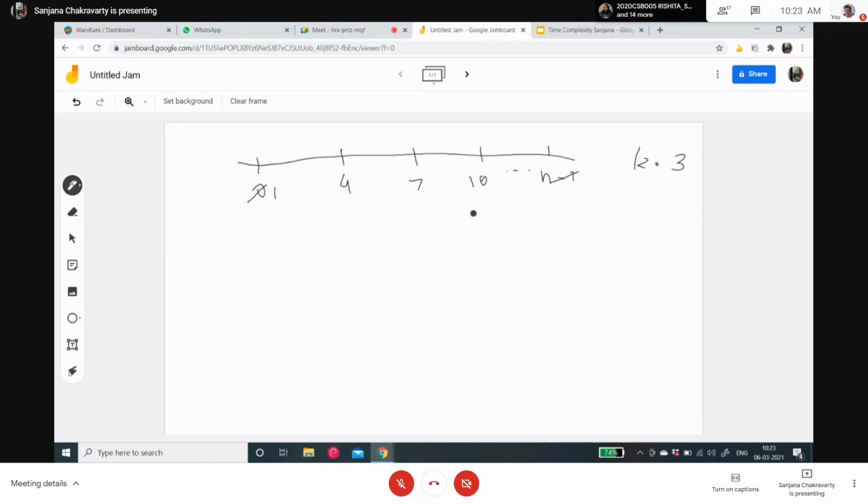So how many times are you actually running the loop? It's the number of steps you've taken, right? Yes, that would be n by 3, in this case n by k. So is that clear? Yes, yes. Okay.